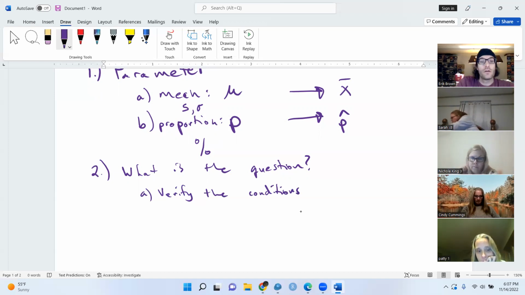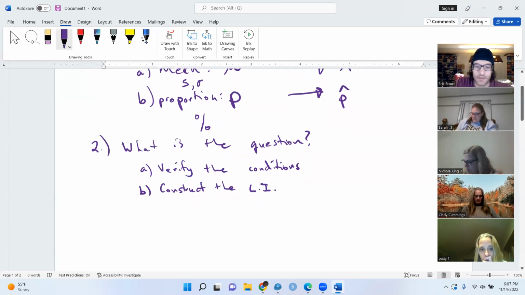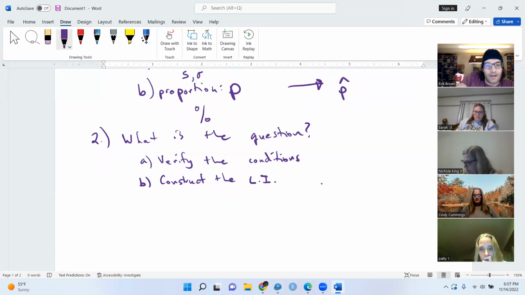Then there is the construct the confidence interval question, CI. I feel like I had 4 of these this morning. There was the how many question, which is the 9-4.